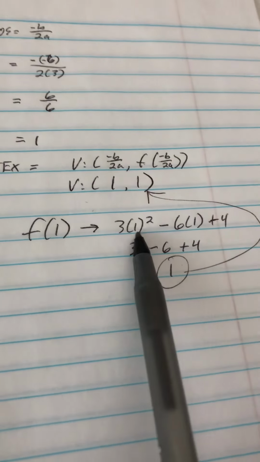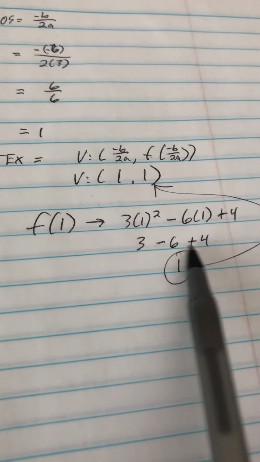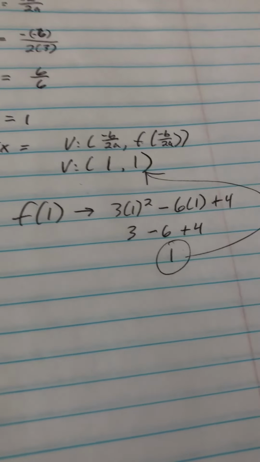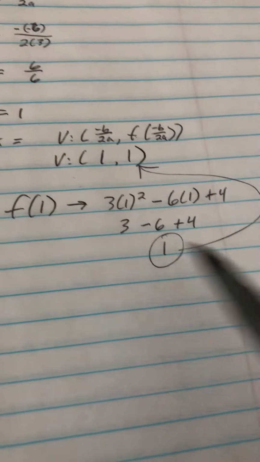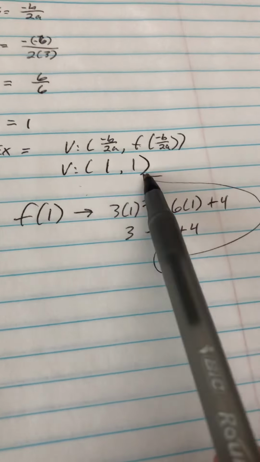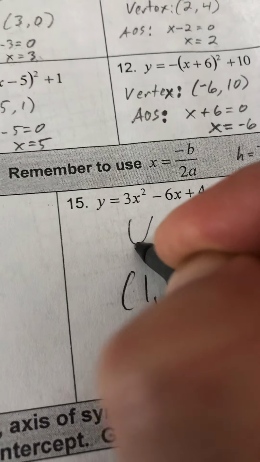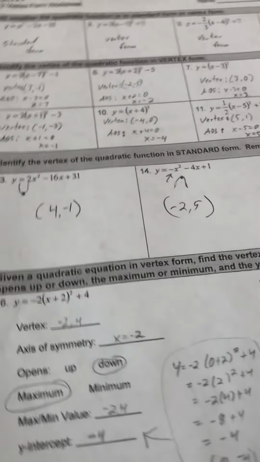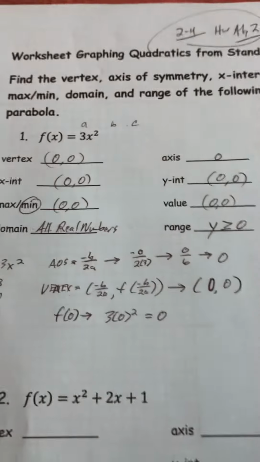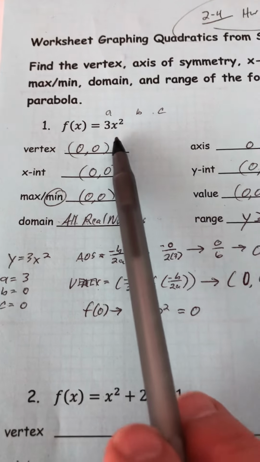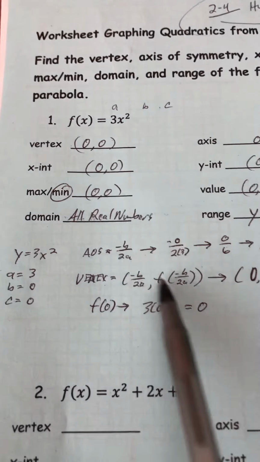When I do that, I end up getting 3 minus 6 plus 4, so that is negative 3 plus 4, or 1. So 1, 1 is the coordinate for that point. If I were to draw a graph, I don't have graphs here, but you do on your homework. Taking a look at this one ends up being really interesting because it's all a bunch of zeros.